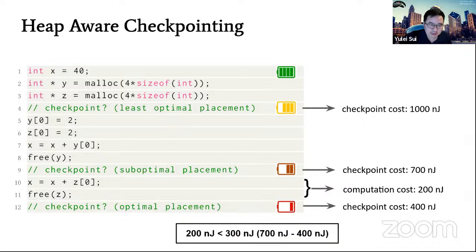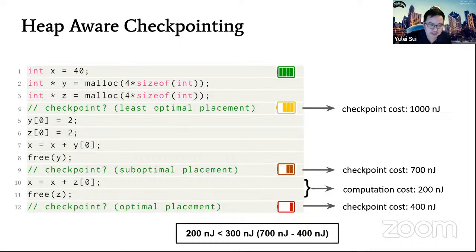Another question I'm interested in is, because the device has limited energy, in your example, when you reach line 12, you need to predict whether, starting from line 9, you still have enough battery or energy to execute from line 9 to line 12.